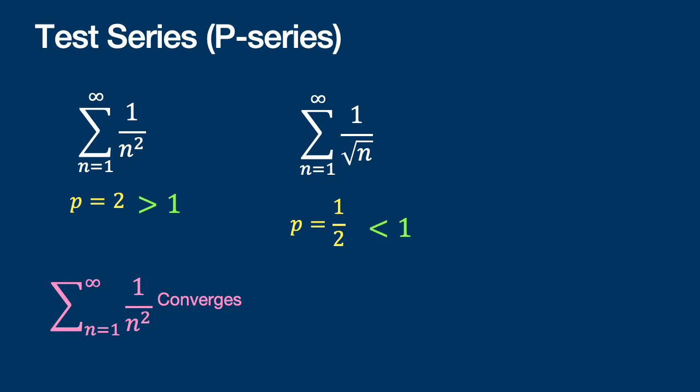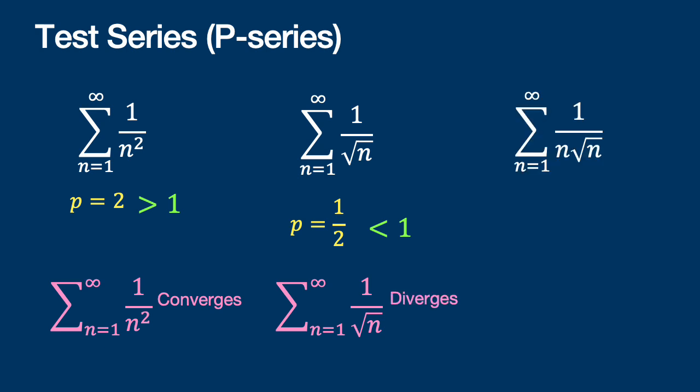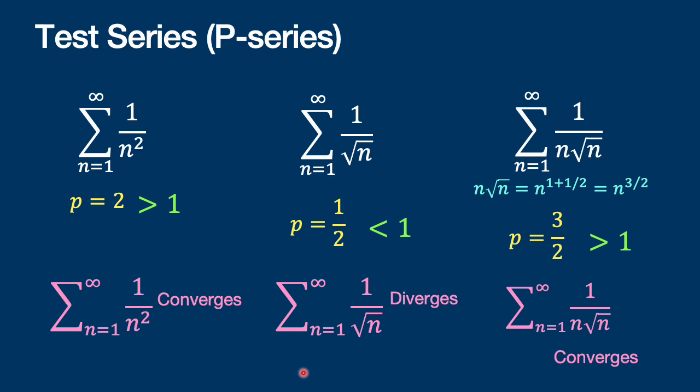This one is less than 1 and greater than 0, so this P series diverges. Next one: summation 1 over n square root of n. You have to find the p value, guys. n square root n is n to the 1 plus 1/2, which is 3 over 2. p is greater than 1, so that converges. Do you understand P series?